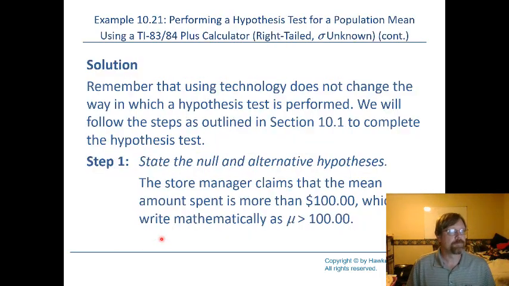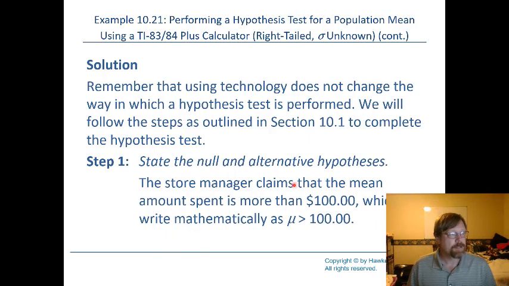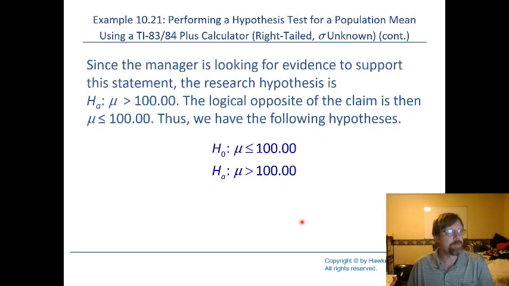We'll follow the same steps as if we weren't using the calculator. So the manager claims that the amount spent is more than $100. So that means our alternate hypothesis is that the mean is greater than 100. The logical opposite is that the mean is less than or equal to 100. So our null hypothesis is that the mean is less than or equal to 100.